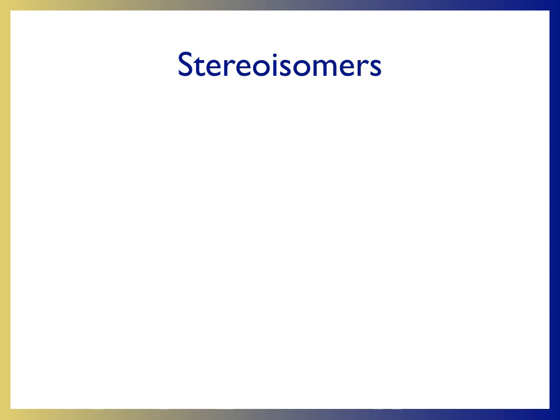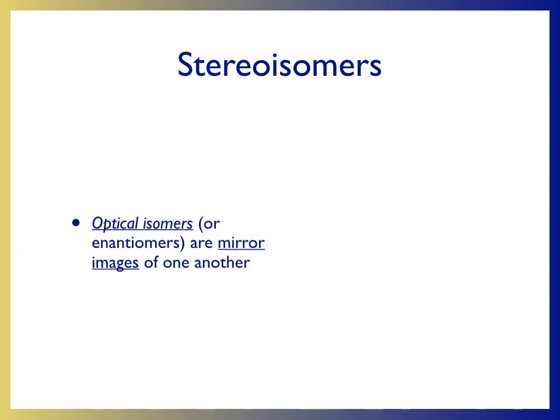The second class of stereoisomers are very common in both transition metal complexes, but also in organic complexes, which is why I want to introduce the idea here. These are optical isomers. Optical isomers are mirror images of one another.